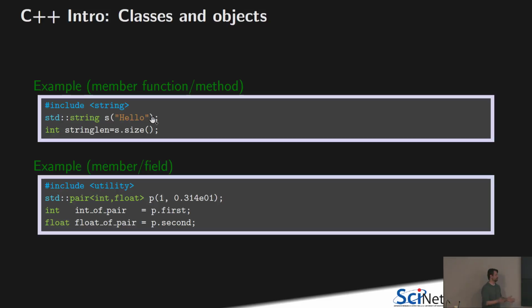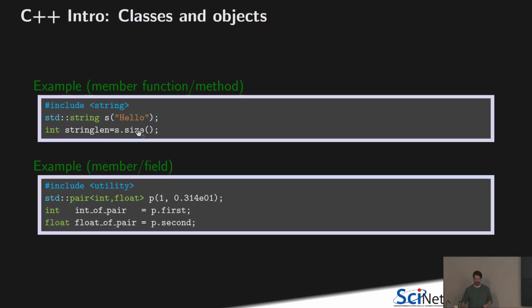So hello will now go into the string. The string will contain hello, but it will be more than just that string. It will be an object, and so it can do things onto itself. One of the things it can do is it can request its own size. So whenever you have a function that's part of an object, the syntax isn't that you pass that object into the function, but that you say, I have my object s, and then I want the size function inside that object.